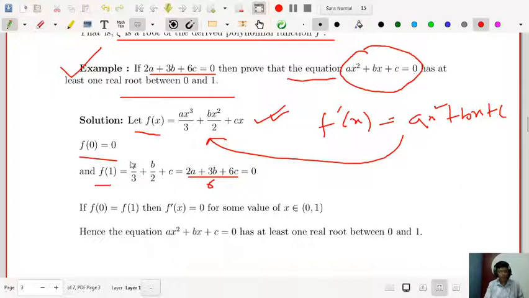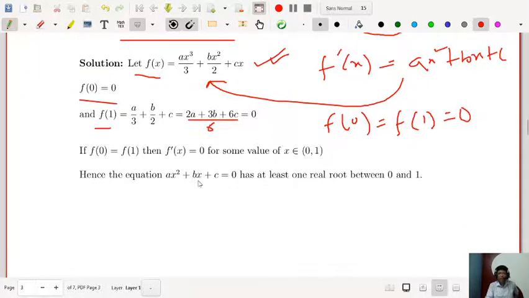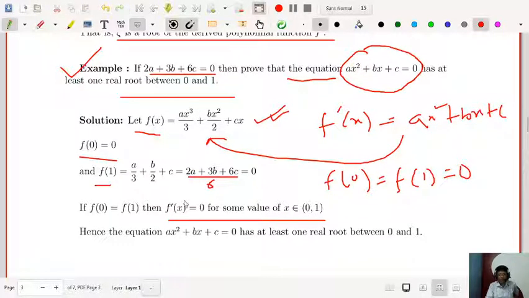So what you have now, f(0) equals f(1) equals 0, satisfying the third condition of Rolle's, and also satisfying the first two conditions. f(x) is a polynomial, continuous and differentiable, so f dash x is equal to 0 by Rolle's theorem for some x belonging to (0, 1). What is your f dash x? It is this quadratic.